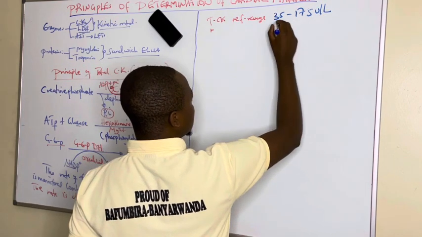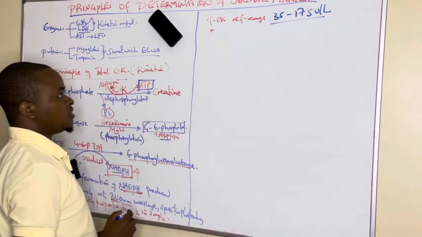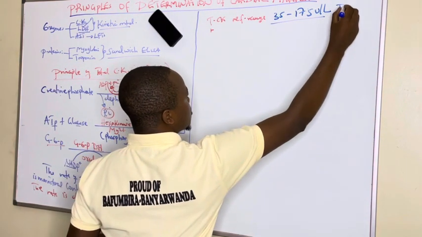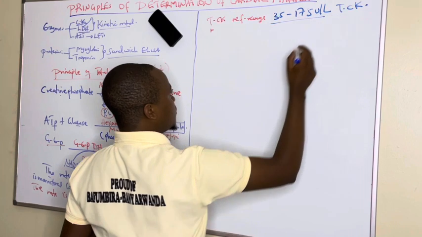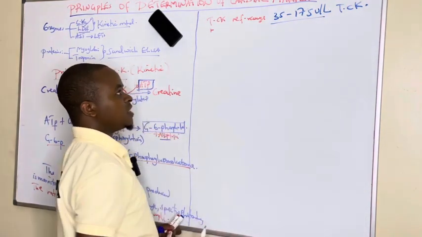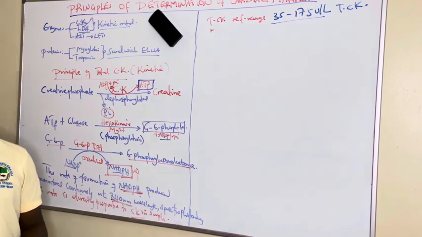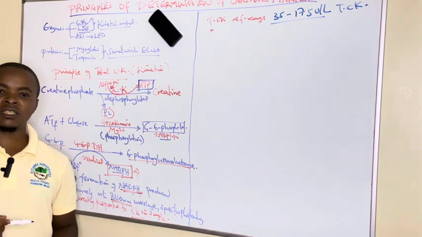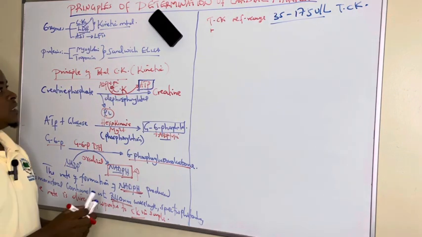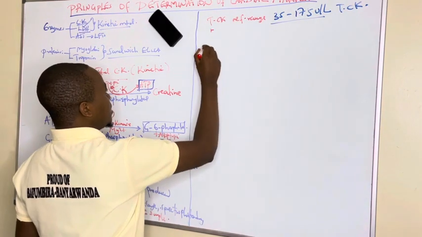This is the major reference range of total creatine kinase. So whenever someone has beyond 175, we can suspect myocardial infarction, the way we saw the interpretation in the previous video.